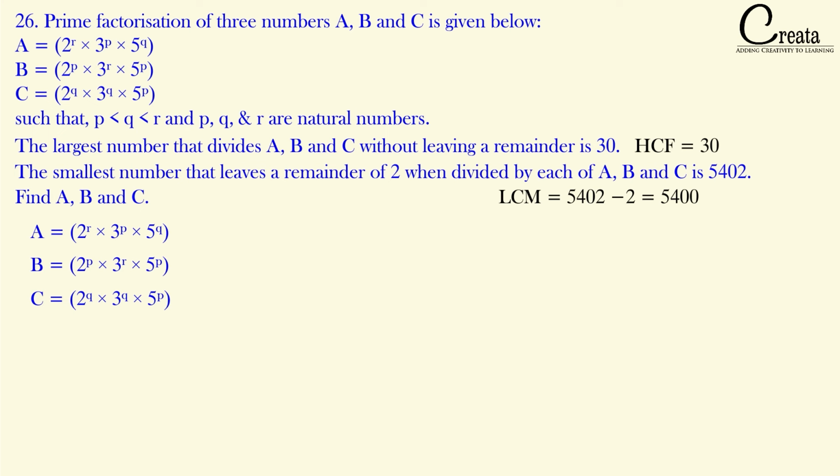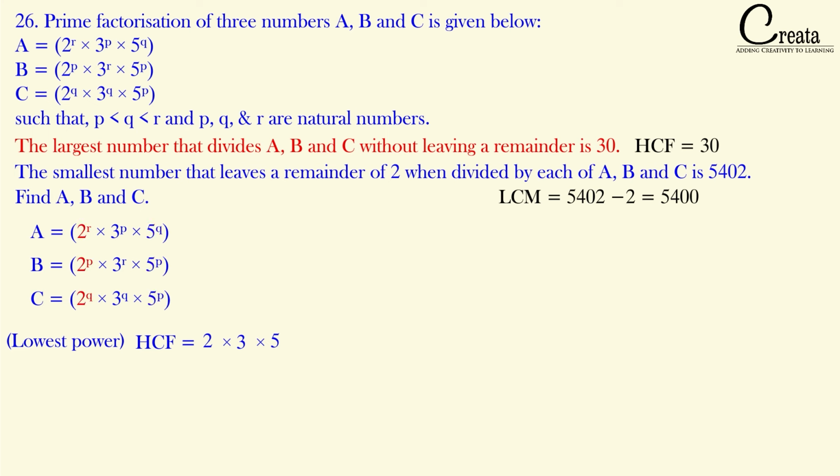So we have observed the question. Let's actually approach it. Firstly, let's take the HCF component, which is 30. How will we calculate the HCF, the highest common factor of numbers a, b and c? Firstly, let's take the prime factors, that is 2, 3 and 5. Further, in the process of calculating the HCF, we take the lowest power: the lowest power of 2, the lowest power of 3 and the lowest power of 5.